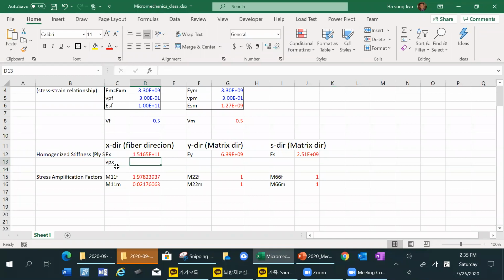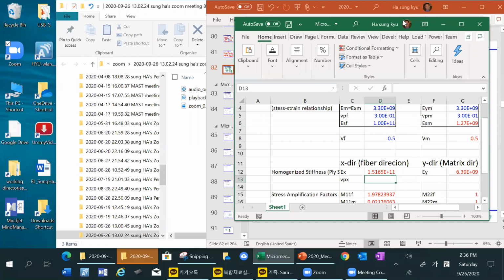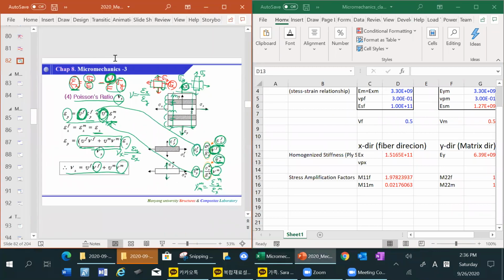And now I would like to show this equation.